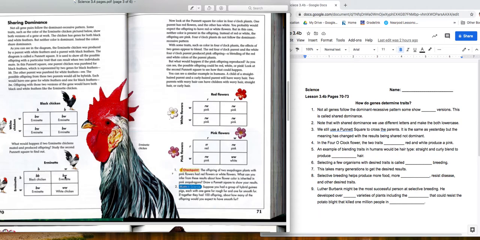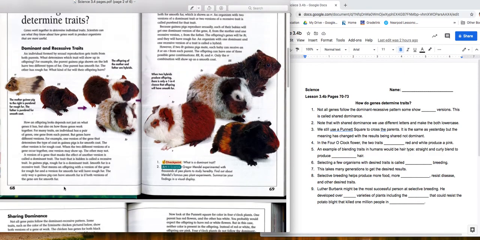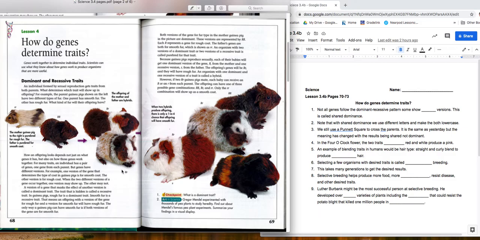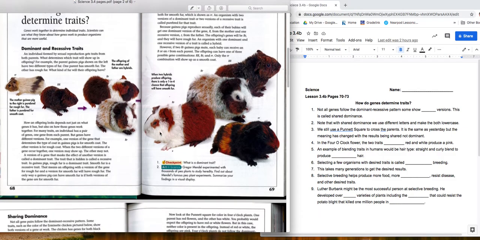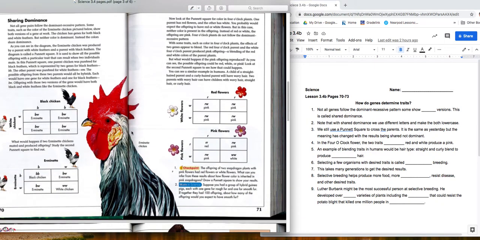We have W down and b across, Erminette; b down, W across, Erminette; and W down, W across, and you would have the white feathered chicken. So guys, it's identical to this one. When we crossed one of each and one of each, you got one with 2 letters, the other kind of 2 letters, and 2 hybrids. That's how we used it yesterday. It's the same thing in the shared dominance.